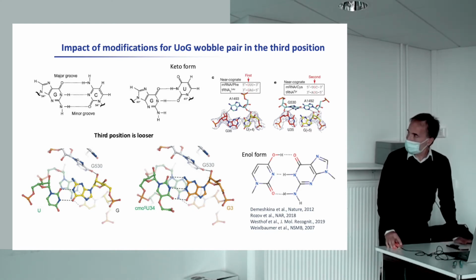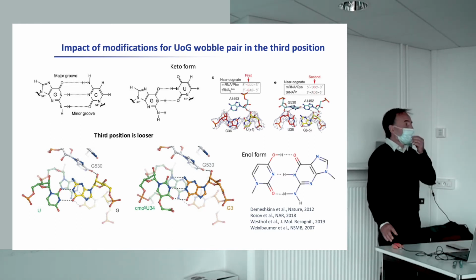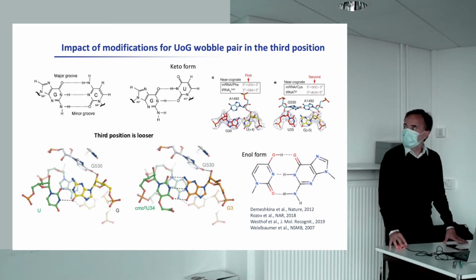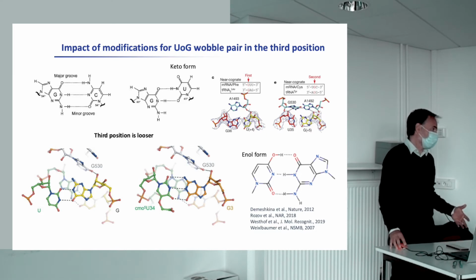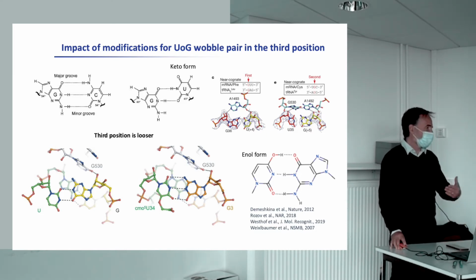This one, in which, as you can see here, the hydrogen from the nitrogen here has been given to the oxygen on the top. So here you have oxygen and then the hydrogen is here, and here the hydrogen is on the top. Naturally this uridine is most of the time in the keto form, and only a small fraction of the time will transit to the enol form.